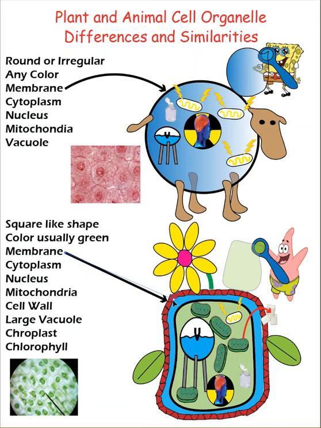And not the first wall, but the second boundary that you see. The cell membrane is going to contain all the organelles. So in this one, the cell membrane is containing all the organelles in the animal cell, and then in the plant cell, the cell membrane is containing all the organelles. All right, really good so far.